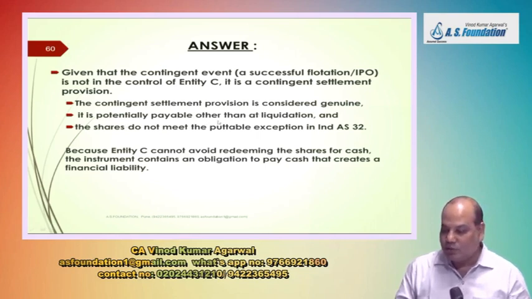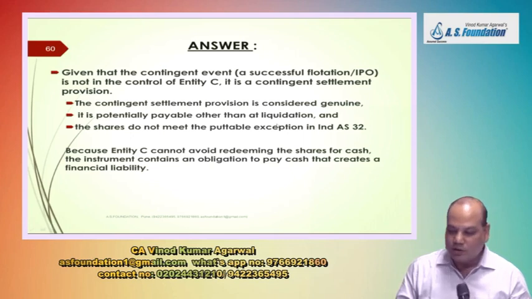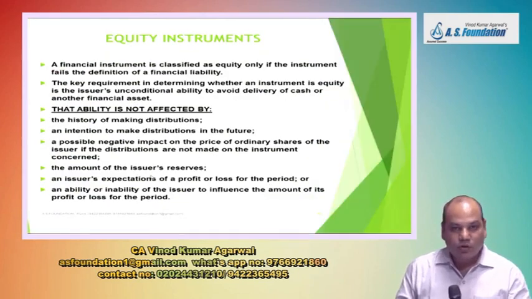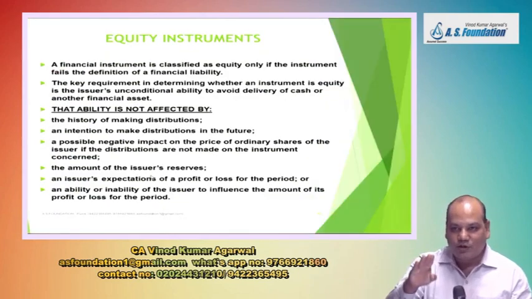It is potentially payable other than at the time of liquidation. It is not a putable instrument. Because entity C cannot avoid redeeming the share for cash, the instrument contains an obligation to pay cash that creates a financial liability.